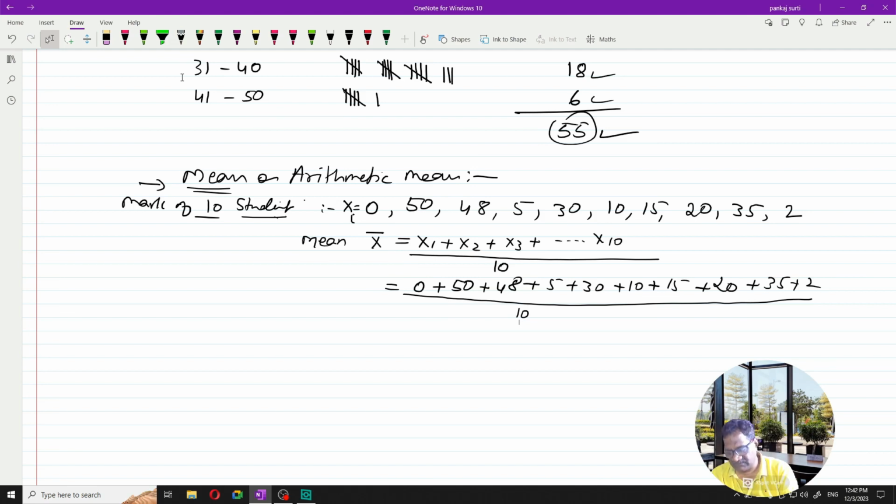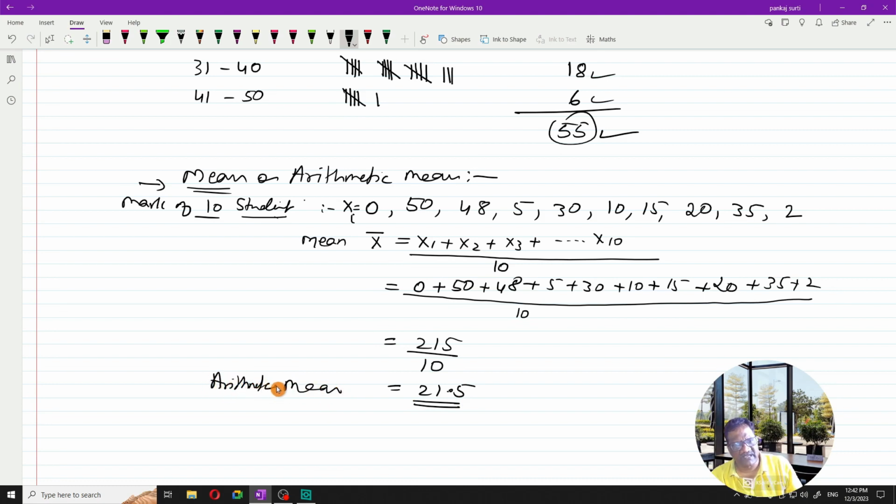Now this total works out to 215. So I'll write here 215 divided by 10. Now 215 divided by 10 works out to 21.5. So this 21.5 is nothing but the mean, or the arithmetic mean.